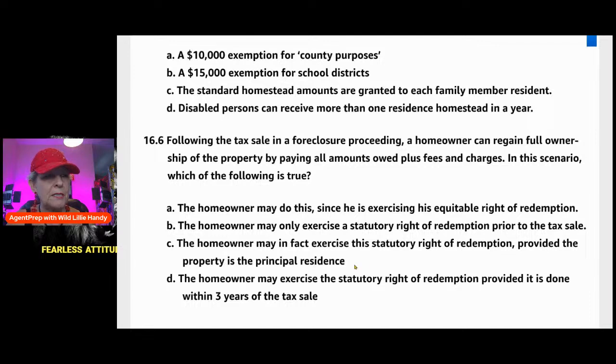their principal residence. And it cannot be B because the redemption is not prior to the tax sale. Cindy, the redemption happens after a tax sale. In the state of Texas, we're allowed 2 years of redemption, and then, of course, we have to pay fees and charges.